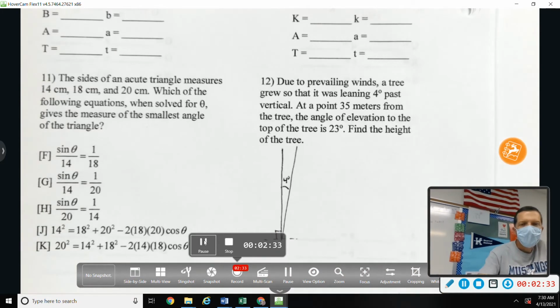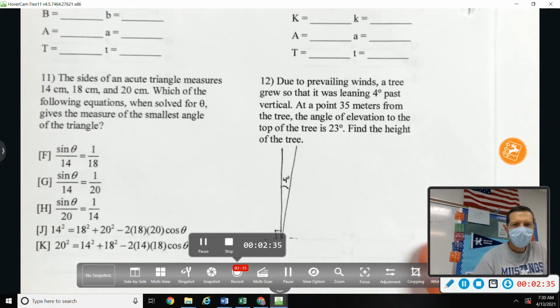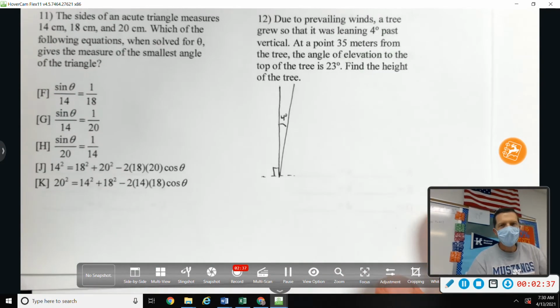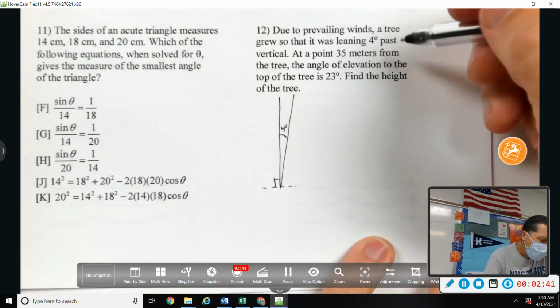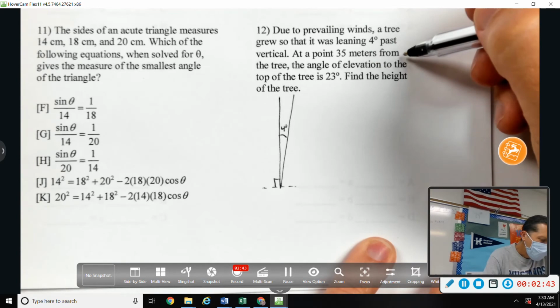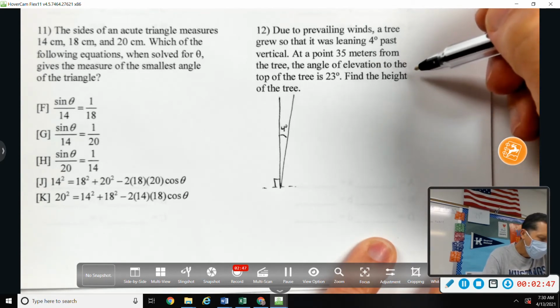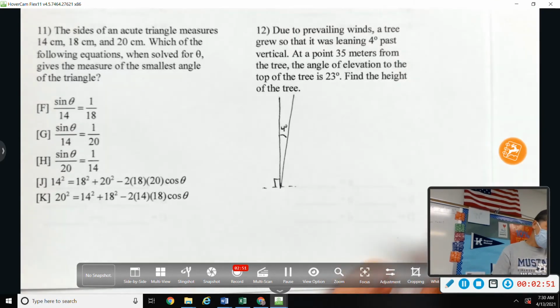So it's tilted past vertical, so it's not straight up and down, it's 4 degrees past that. At a point 35 meters from the tree, the angle of elevation to the top of the tree is 23 degrees. Find the height of the tree.